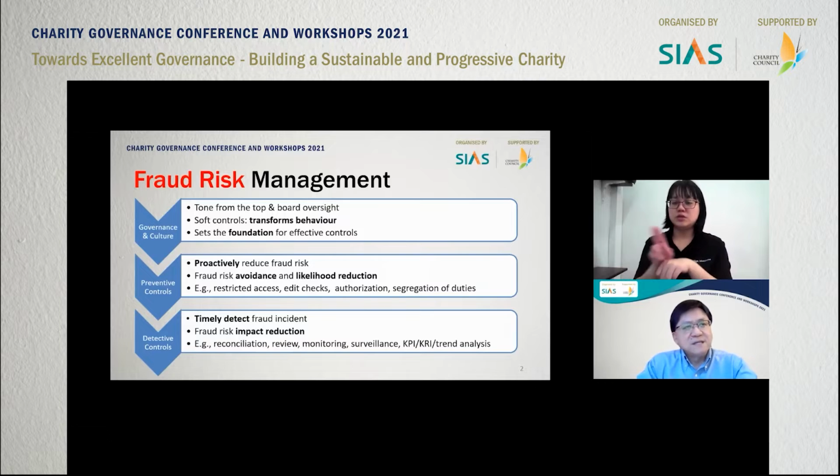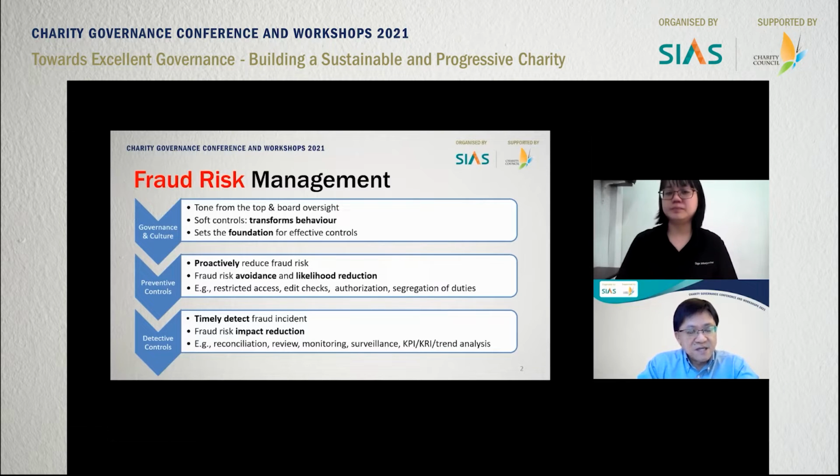The internal auditor is second in terms of success rate, at about 14%. Then comes detection by accident, which is about 5%, and the external auditor comes in near 4%.